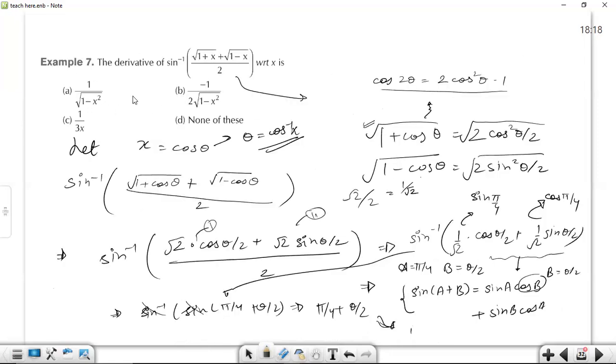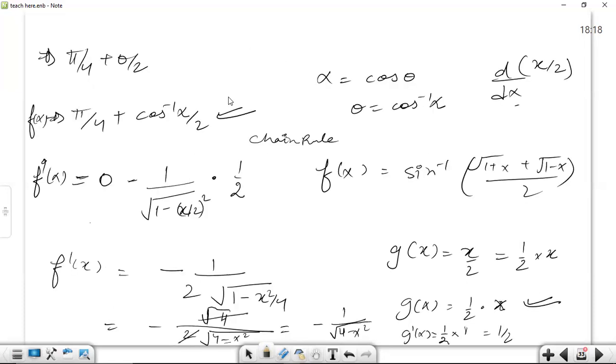So are we missing something? Let's review our calculations. Cos inverse of x by 2. So what is theta? Theta is cos inverse of x, and we have applied by 2 on its angle.